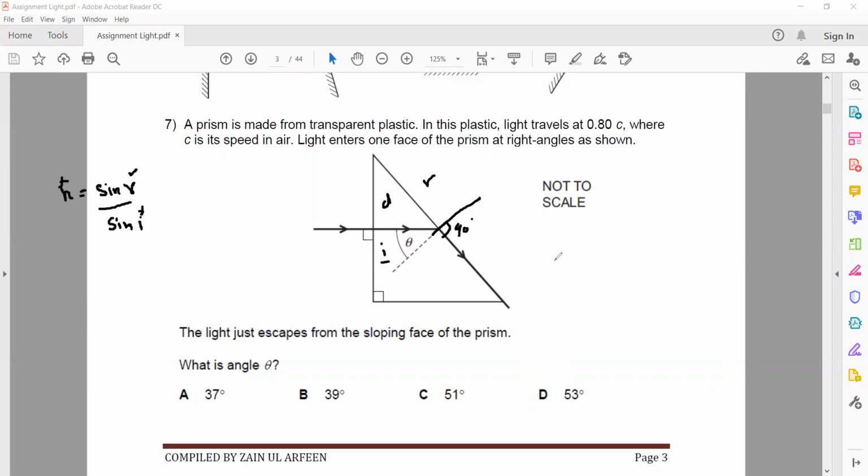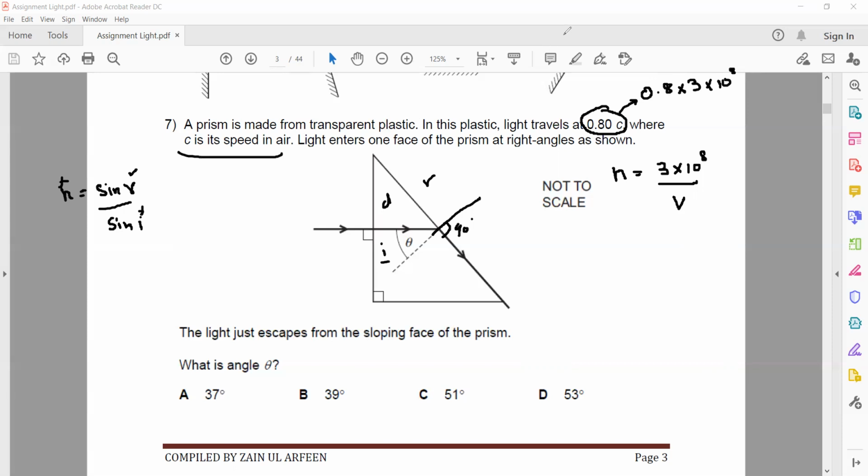So how can I find the refractive index? The refractive index formula is the speed of light in air, which is 3 exponent 8, divided by the speed of light in a medium, which is V. What is the speed of light in the medium? It's given as 0.8 c. So what is the meaning of 0.8 c? It means 0.8 multiplied by 3 exponent 8, because here c refers to the speed of light in air.